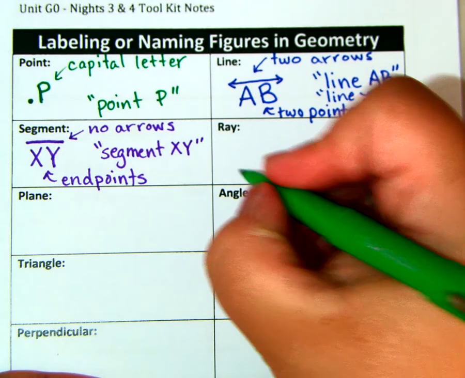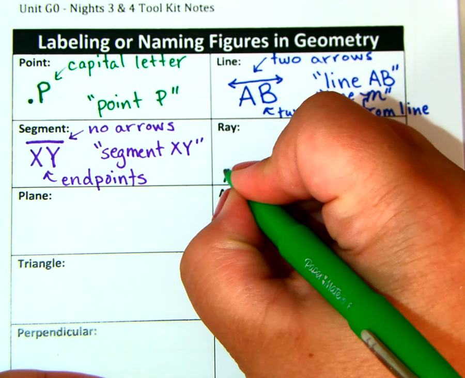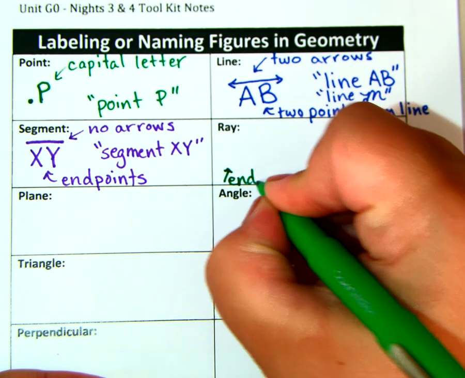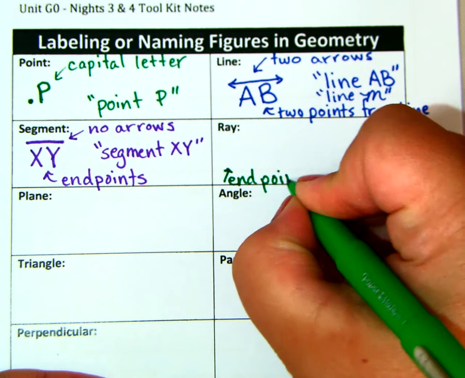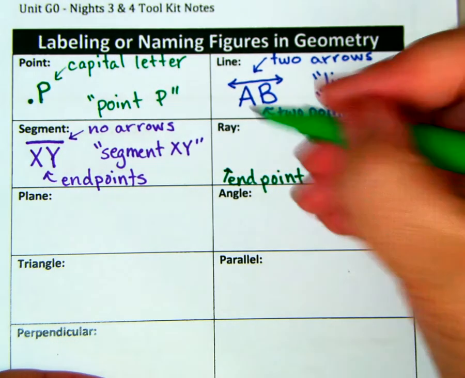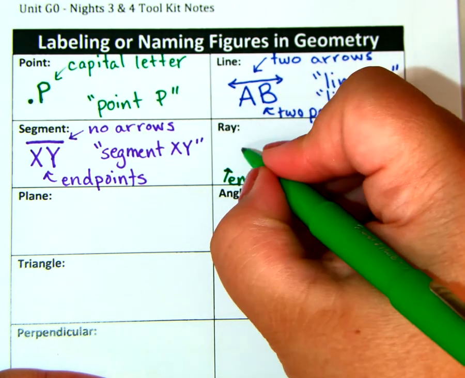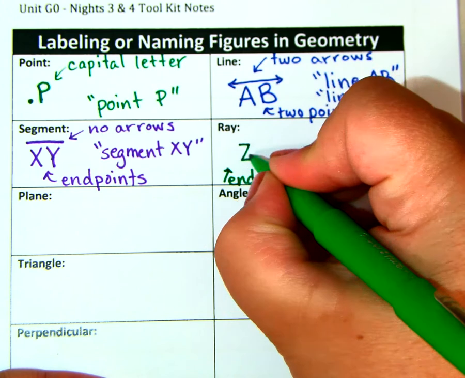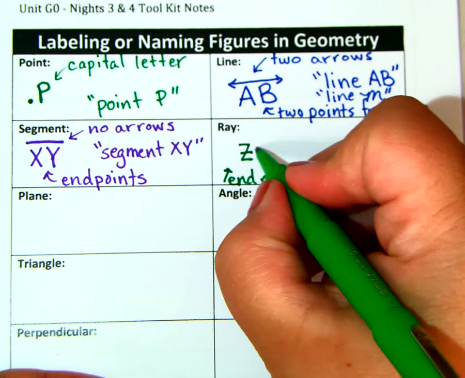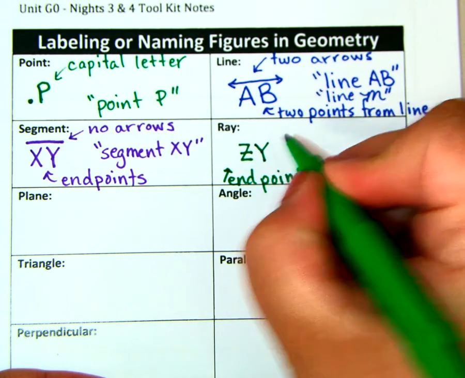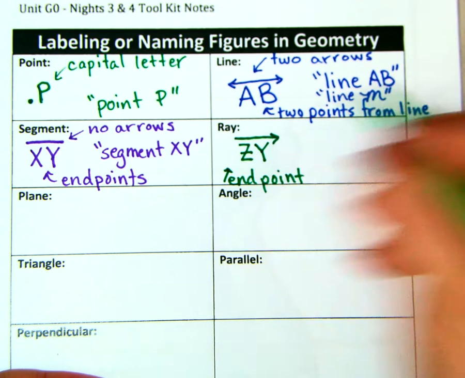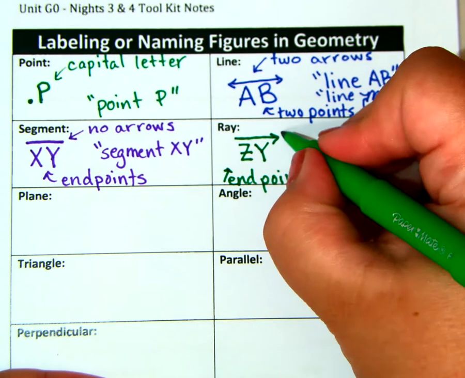For a ray, you start with the endpoint. So the very first letter is the endpoint of the ray. Now, it doesn't matter which direction the ray points. You always start with the endpoint, and then what direction it goes towards. So Z towards Y, with a single arrow.